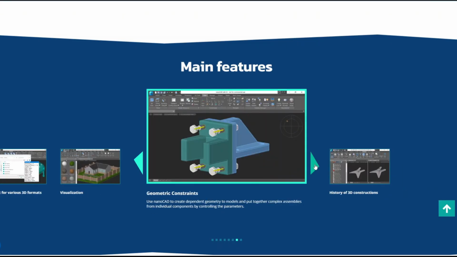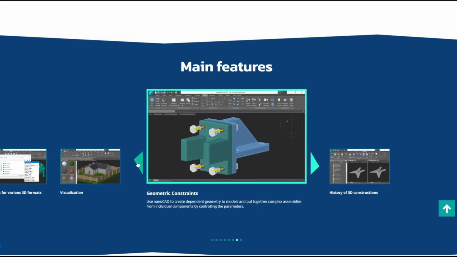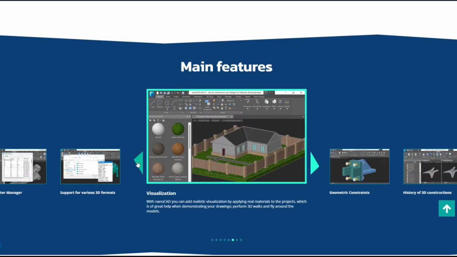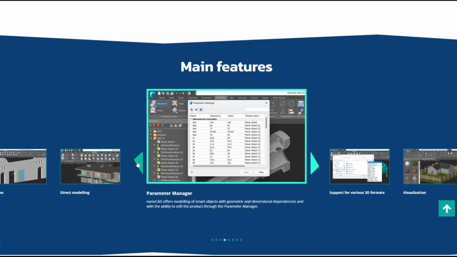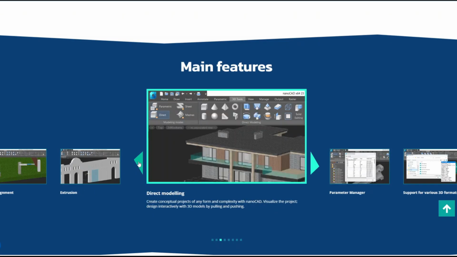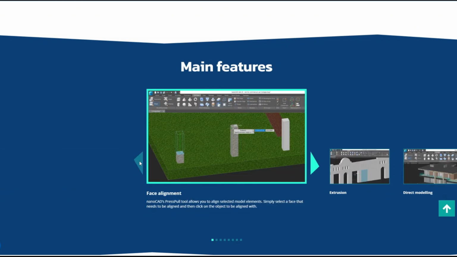But NanoCAD really shines when you add its modules. With the 3D solid modeling module, you get a history tree, 3D constraints like mate, insert, angle, tangent, and symmetry, plus the ability to assemble parts. With the mechanical module, you unlock parametric workflows, engineering calculators, and libraries of standard parts like bolts, nuts, and bearings.